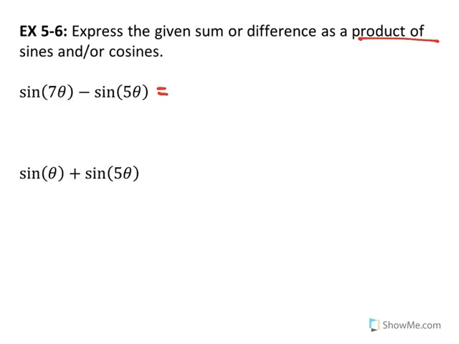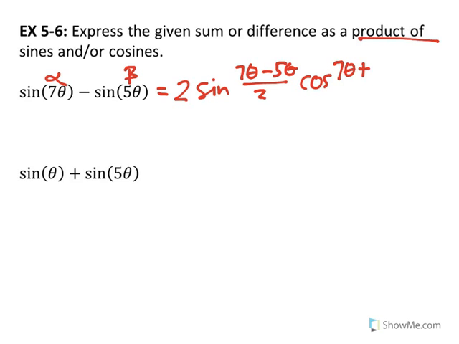And so we're going to rewrite that as 2 times sine, and here's our alpha, here's our beta, of alpha minus beta over 2 times cosine of alpha, so 7 theta plus 5 theta plus beta over 2, and then all I'm going to do is simplify that. So that becomes 2 sine of 2 theta over 2, which is just theta, and then cosine of 7 plus 5 gives you 12, divided by 2 gives us 6 theta.